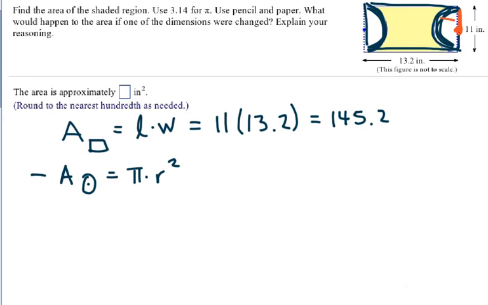So the radius is 5.5. So we're using 3.14 for pi times 5.5 squared. And that gives us 95.2875.